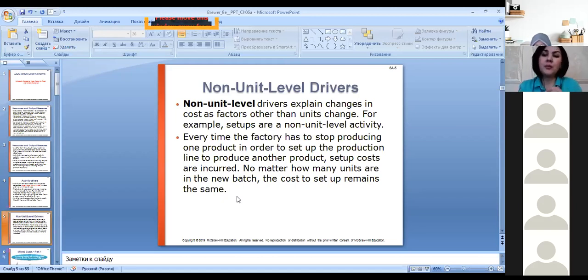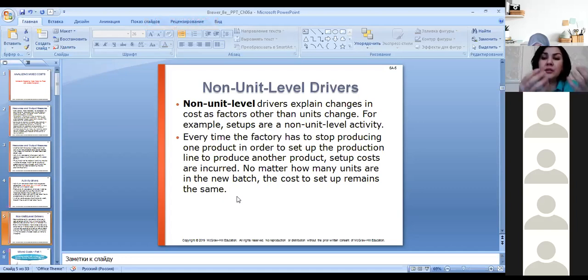That worker probably needs to change some parts in the sewing machine, fix it, and make it ready to produce t-shirts. When one batch of t-shirts has been produced, then again a worker comes and sets up the machine, changes some parts, probably oils that machine, and makes it ready to produce trousers now.